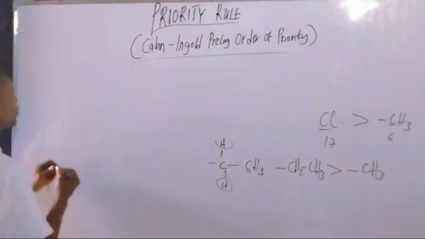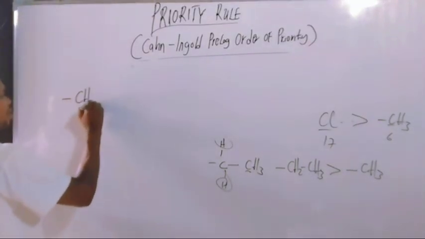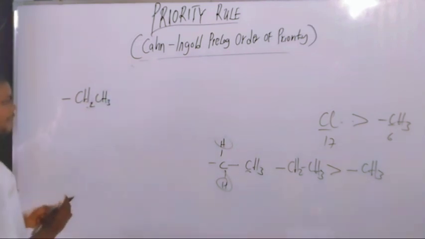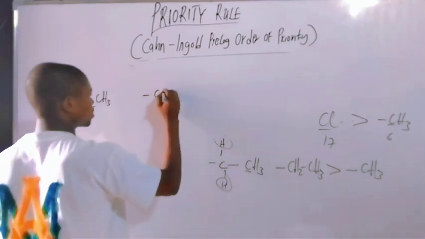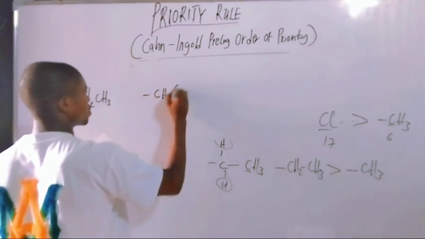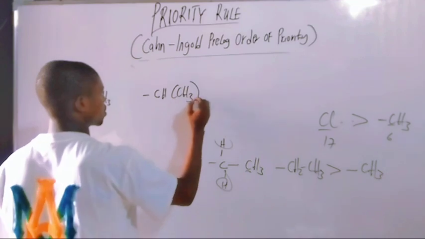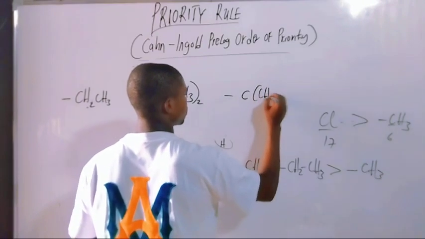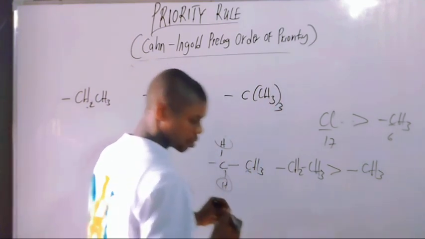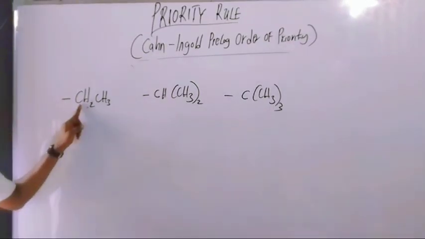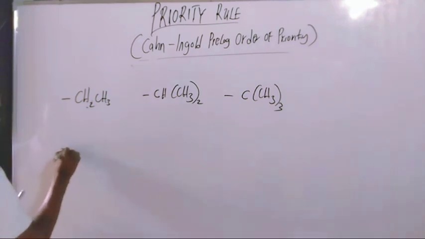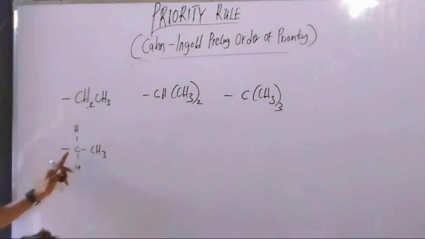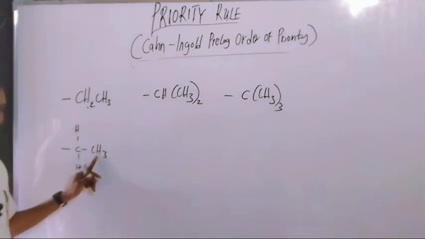If, for example, I have CH2, CH2, and I have something like this. If you check this carbon here, it has hydrogen and CH2, so this carbon has 1 carbon attached to it.